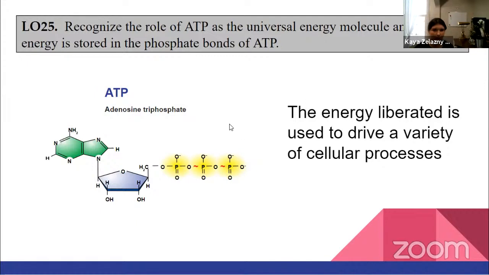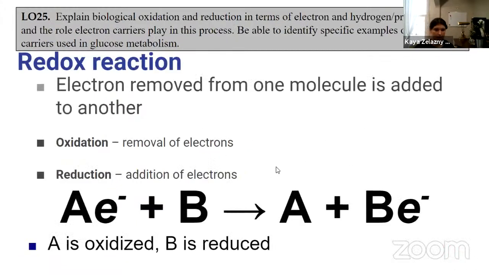Okay. So the other thing we needed to know about in order to understand all the stuff we're talking about in metabolism is this idea of a redox reaction. In a redox reaction, we're taking an electron from one molecule and adding it to another. We call it oxidation if we remove an electron. We call it reduction if we add an electron.